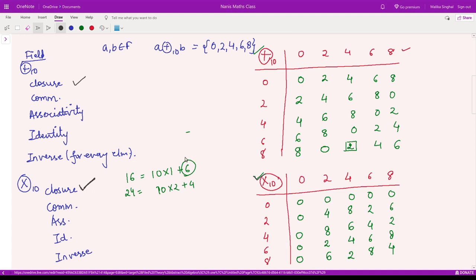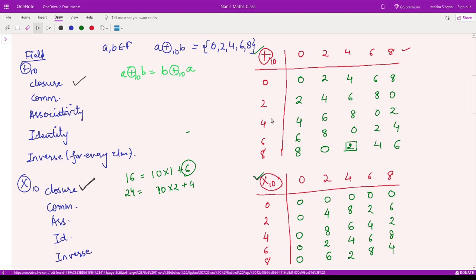Next we'll see the commutative property. What is that? The commutative property says that if you do a addition modulo 10 b, you'll get the same as b addition modulo 10 a. These two would be the same. So let us check this for some numbers.